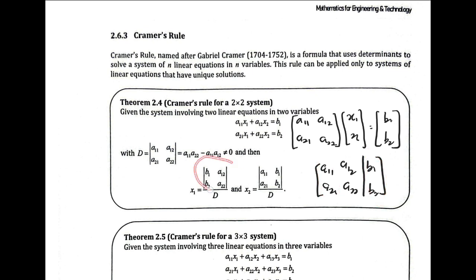Hence, this is what you get over D. Then for x2, we will substitute the coefficient column of x2 with the constant matrix, over the determinant. The numerator is calculated exactly the same way, by finding the determinant. After the calculation, just divide by D, and you directly get the value of x1 and the value of x2. That is Cramer's rule for a 2 by 2 system.